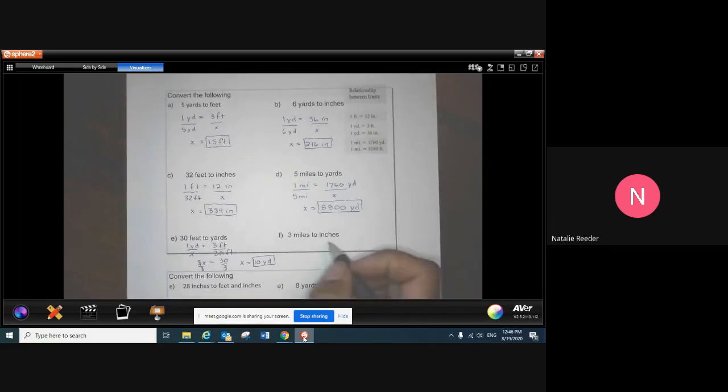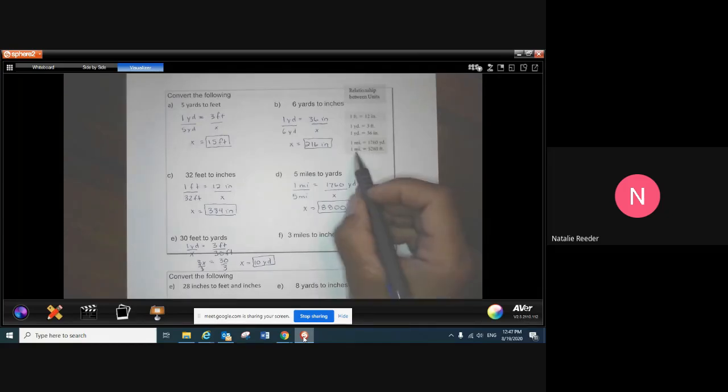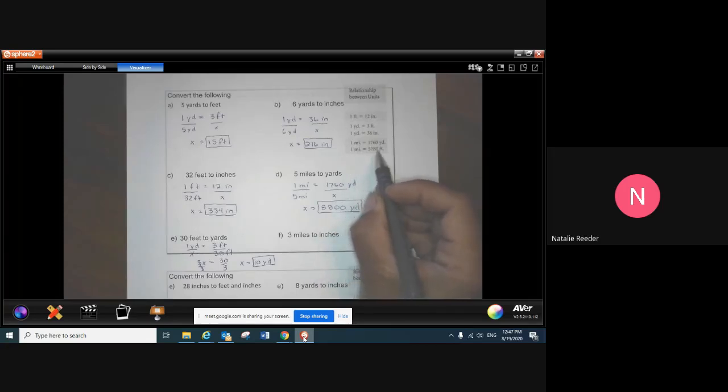Now, the last example in this section is 3 miles to inches. So when I look at my conversion factors, I don't have any that says miles to inches, but we can figure it out because this says 1 mile is equal to 5,280 feet.